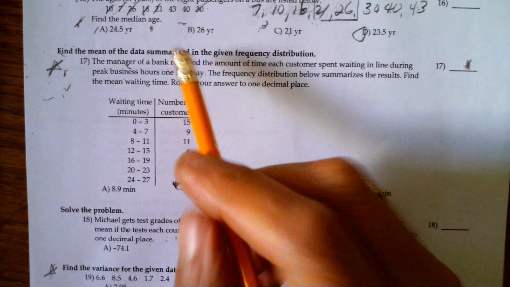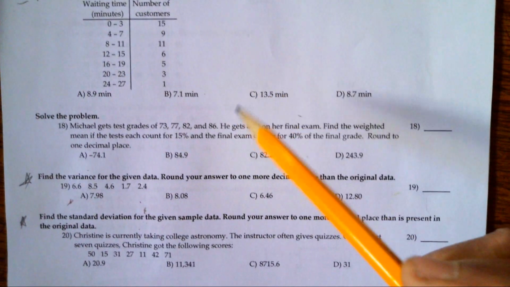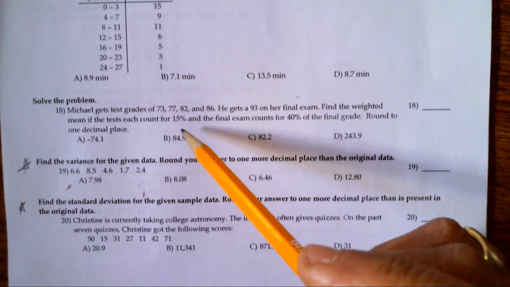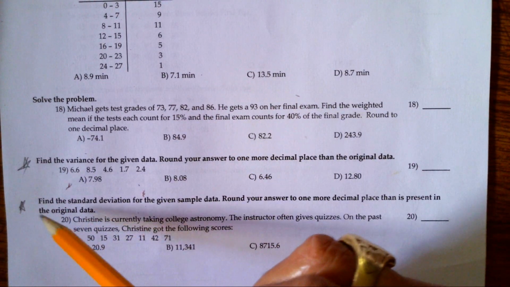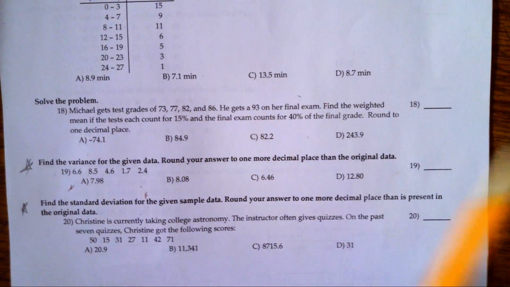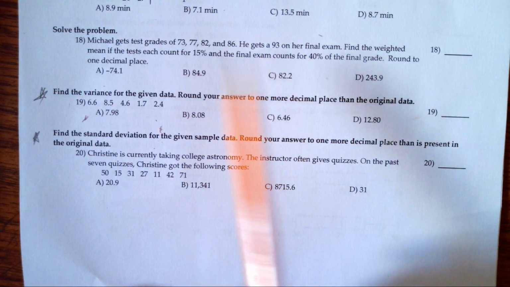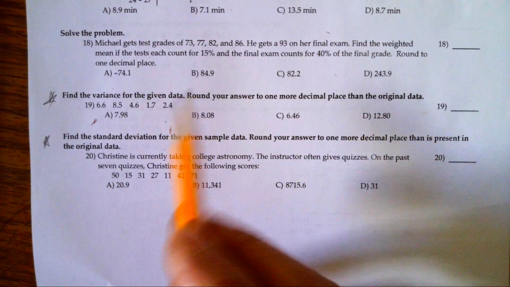Find the mean. You have a frequency distribution, so I'm going to do this on the calculator. Weighted average. Variance and standard deviation I'll do separately in another video because I want to show you the calculator. But weighted average is the score times the weight. We had 4 test scores here, and each one of them was worth 15%.